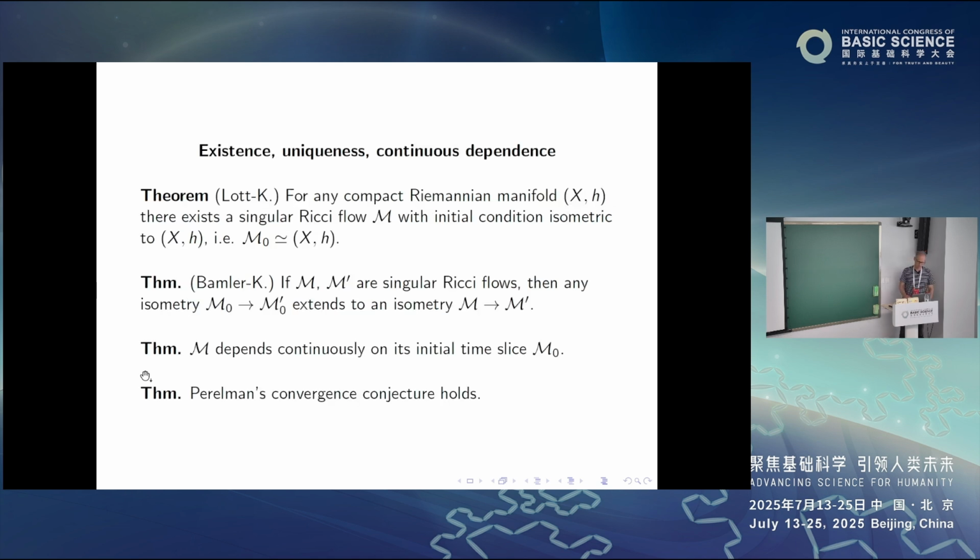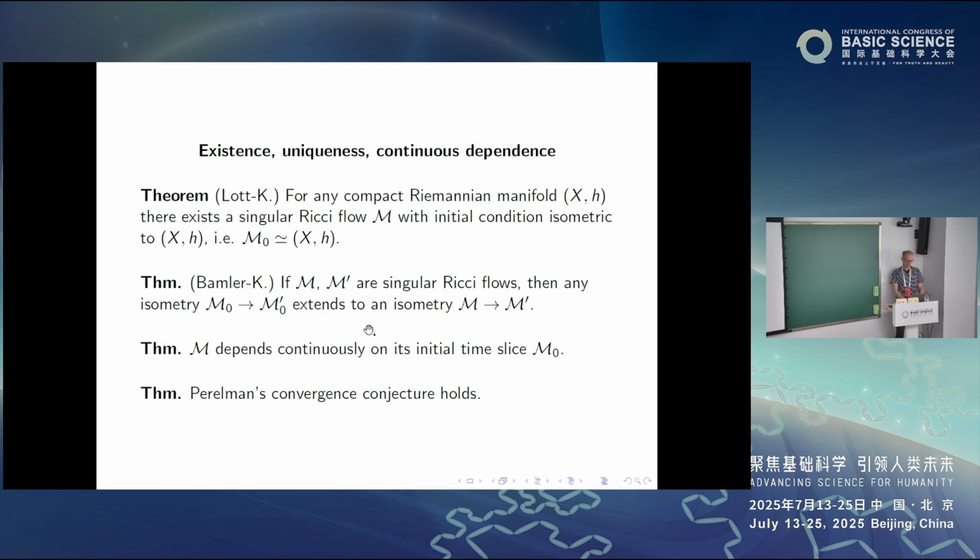Then we showed, with John, that if you take a compact Riemannian manifold (X, h), then there exists a singular Ricci flow whose initial condition is isometric to that. So for any initial condition, you get a singular Ricci flow.